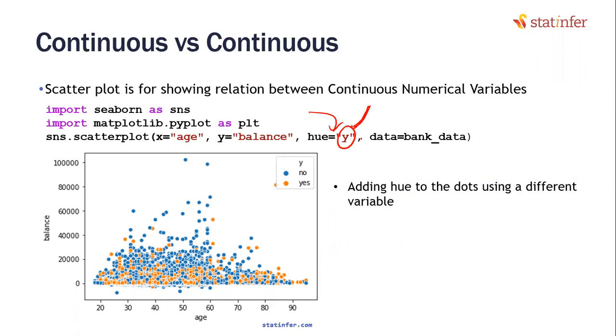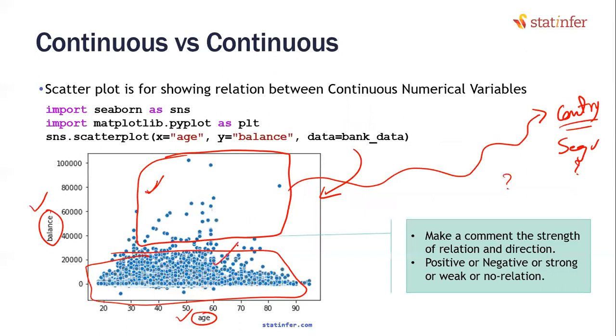What I'm trying to see here is, if I add that variable to the color, is there anything happening differently? Is there any particular pattern that I'm observing? But here in this graph, I see that even if I add a new variable, I don't see anything very peculiar happening.